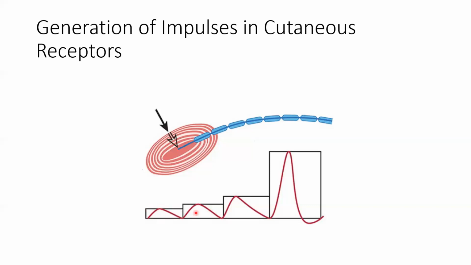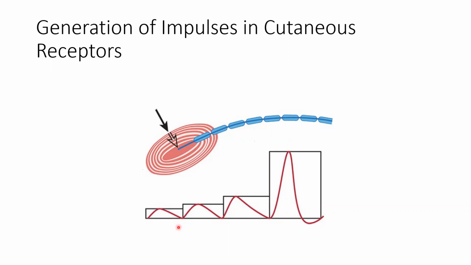So the receptor, your Pacinian corpuscle, converts mechanical energy into electrical response. And the magnitude of the electrical response, 1, 2, 3, and 4 times the magnitude, is proportional to the intensity of the stimulus. So this is what we call your graded receptor potential.